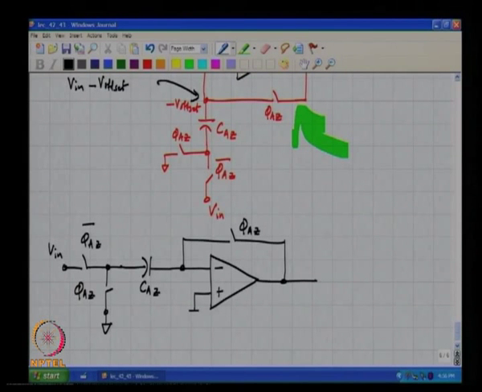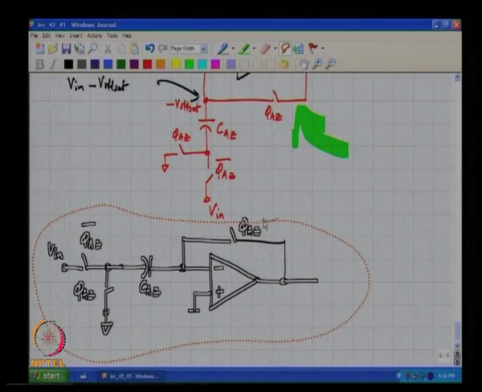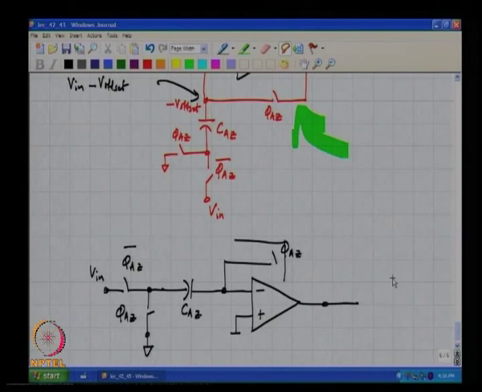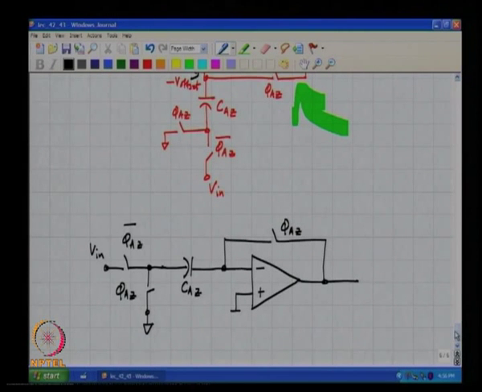This is just redrawing the old schematic in a slightly different way, but it is indeed the same thing. The gain is negative, so this is an inverting amplifier and the output voltage will be minus A times V.